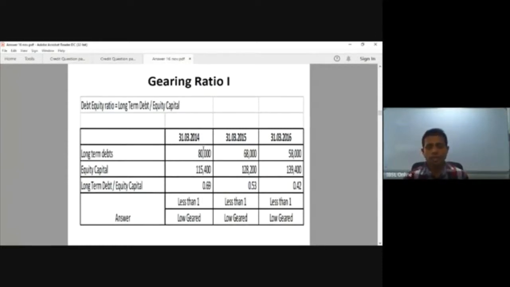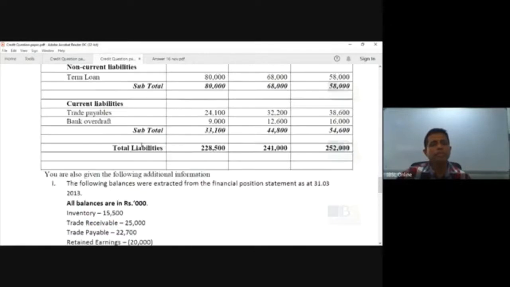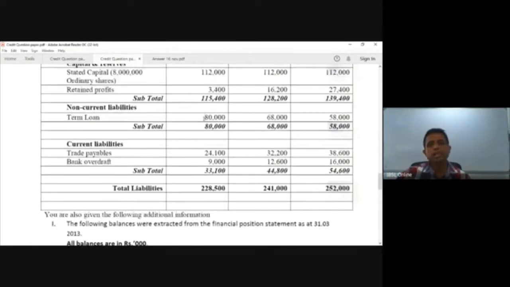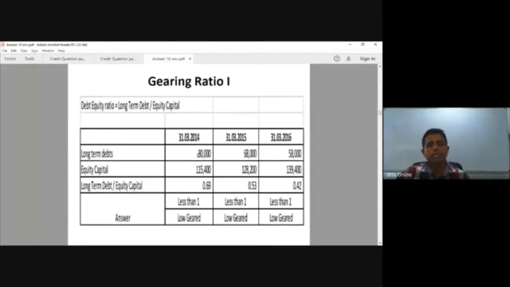How much the company will depend on the equity capital and the debt capital. Long-term capital, go to your balance sheet. What we took is only the long-term loan, non-current liabilities: 80,000, 68,000 and 58,000.